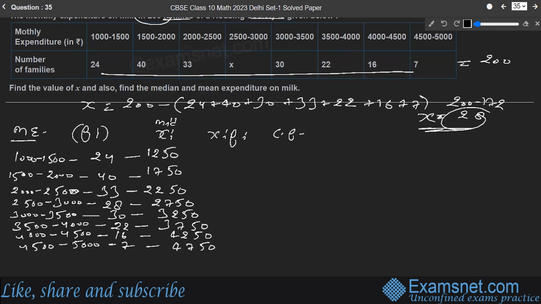Now let us do xi into fi. Frequency is also available, so we do the product of them. The first product is 24 times 1250, which comes out to be 30,000.